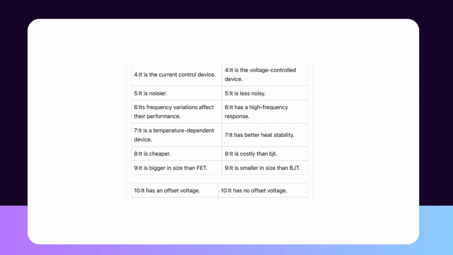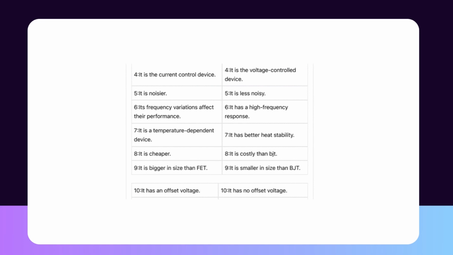BJT is temperature dependent and FET has high thermal stability. BJT is cheaper and FET is costlier than BJT. The size of a BJT is comparatively larger than FET, while FET is smaller than a BJT.